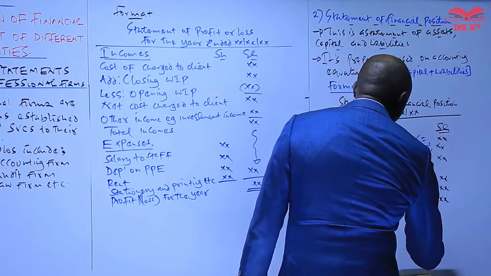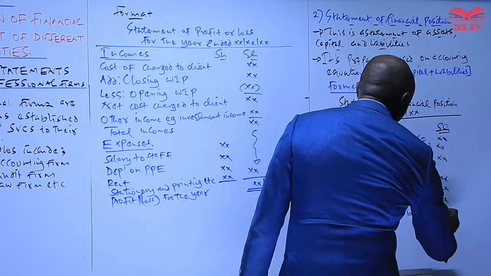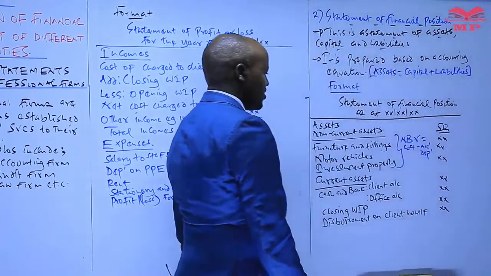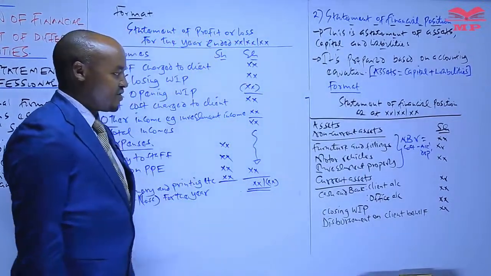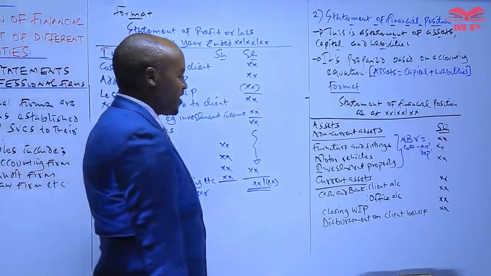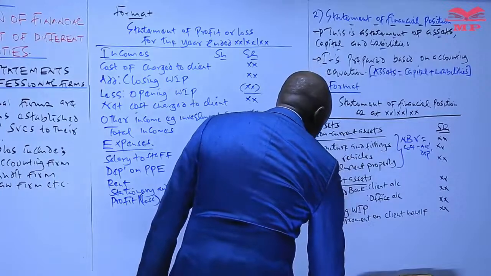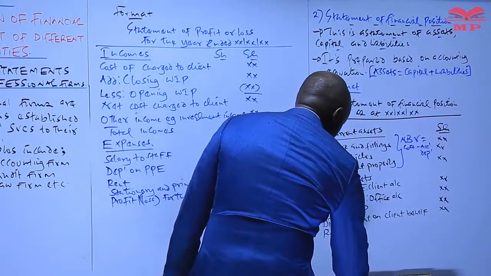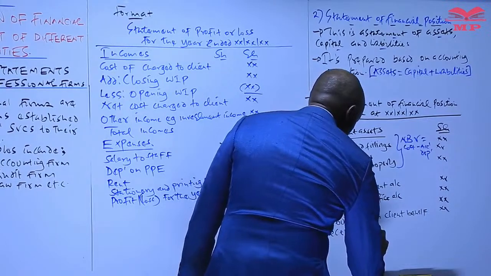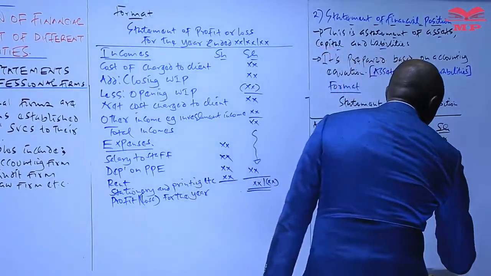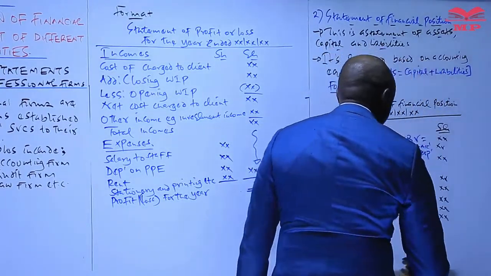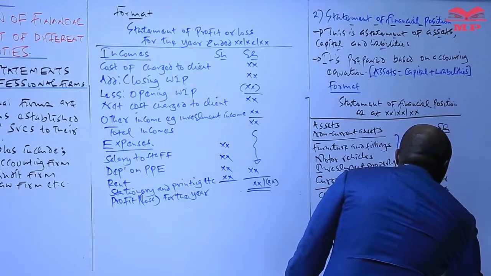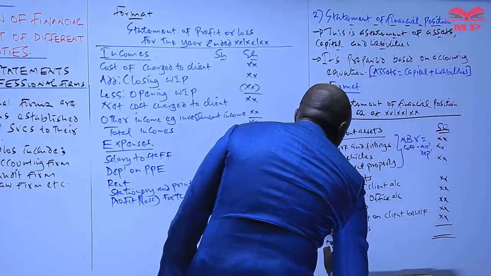Remember, we have said disbursement on client behalf. This is any payment which is made on behalf of the client. A professional firm, by the end of the day, expects to recover that money from the client. And things like the receivables, any amount of money maybe which is not yet paid by the client. And then we get the total assets here.